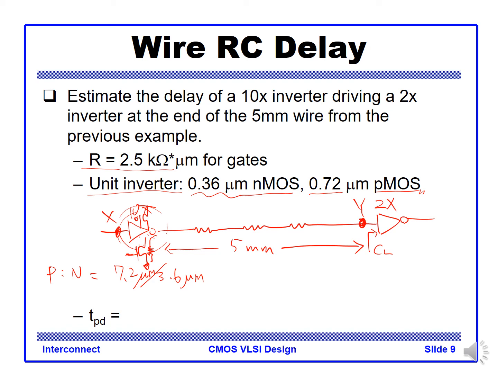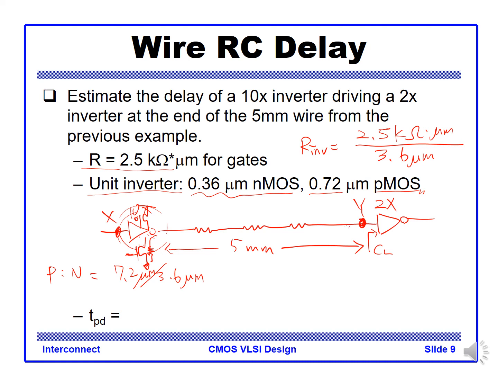For the given resistance of 2.5 kilo ohm per micron, we can calculate the inverter R equal to what? 2.5 kilo ohm per micron divided by 3.6 micrometer. That will give us some number, right?